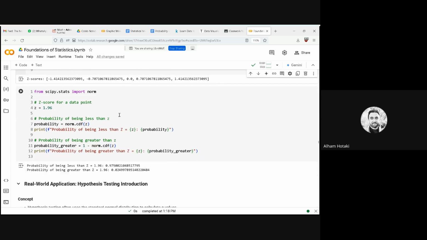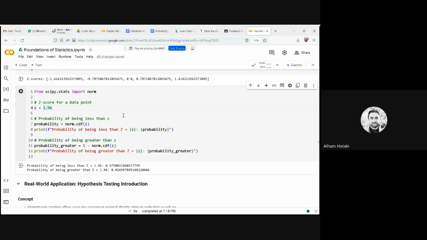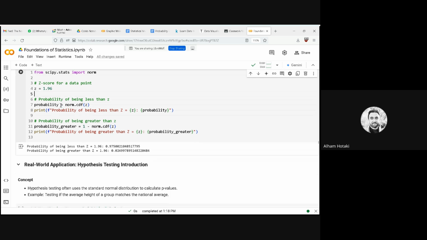Also from SciPy statistics, if we have a z-score for a data point, for example, a z-score of 1.96, now the probability of being less than z, we have to use the normal distribution here, norm.cdf of that z-score.